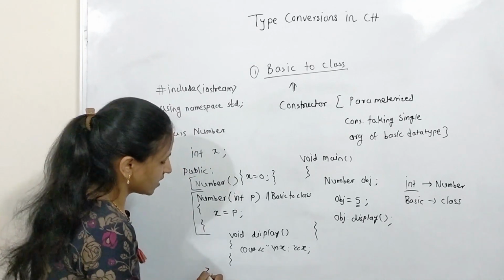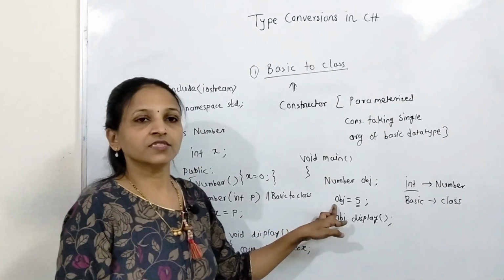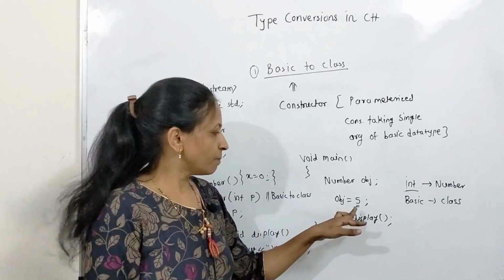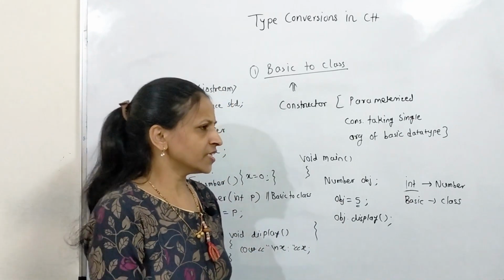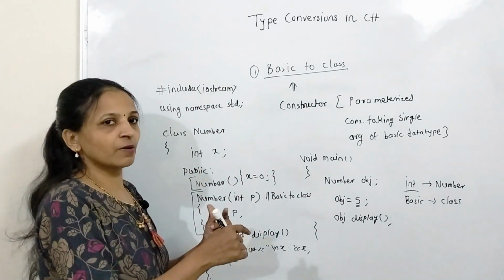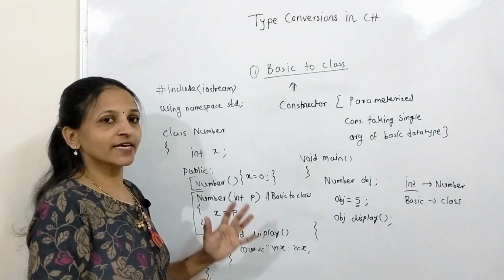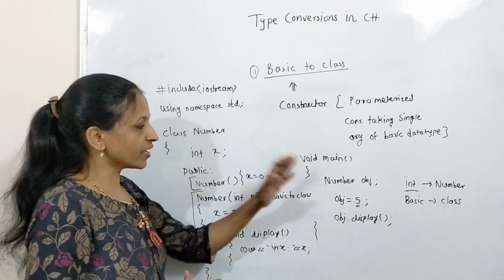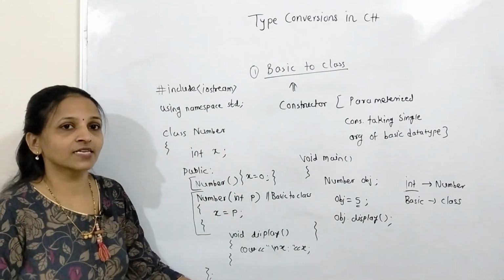Now close the class. Here we will achieve this, and this is nothing but basic to class type conversion. And there is no compulsion that there should always be only one data member. As per your need you can change it, which means suppose there are two data members, then how we can achieve this, that part I am going to explain again, but try to understand this example first.